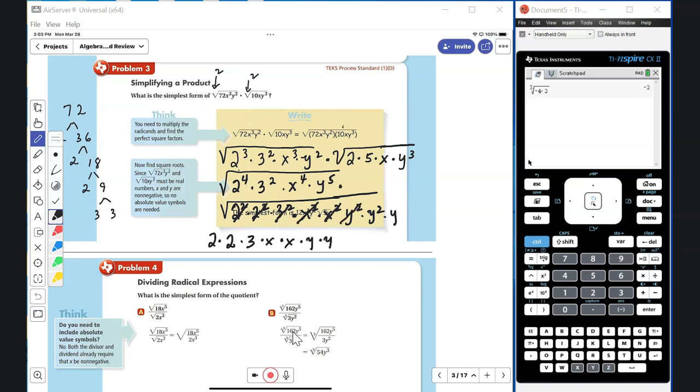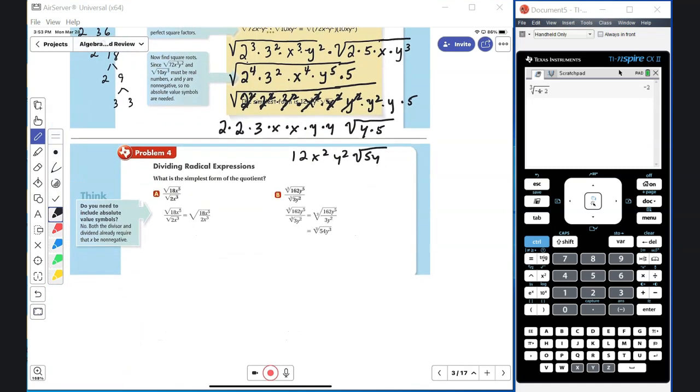And we're missing the 5, so it's the square root of y times 5. So we have 2 times 2 is 4, 4 times 3 is 12. So it's 12x squared y squared times the square root of 5y.